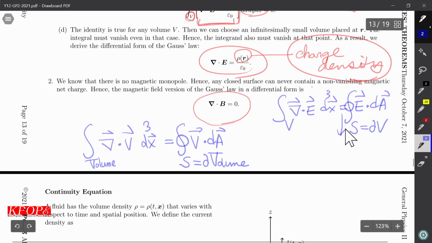If we substitute the explicit electric field here, you will find that this is the charge over epsilon 0 enclosed by the surface. And this charge is re-expressed as a volume integral, that is 1 over epsilon 0 times the volume integral of the charge density.